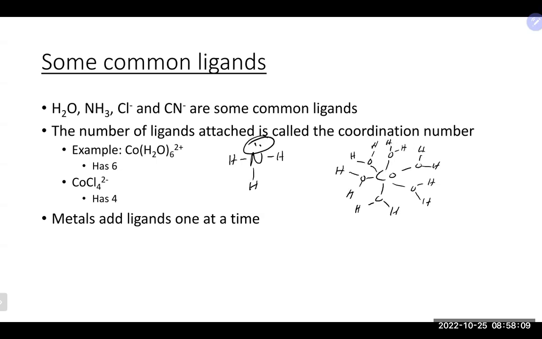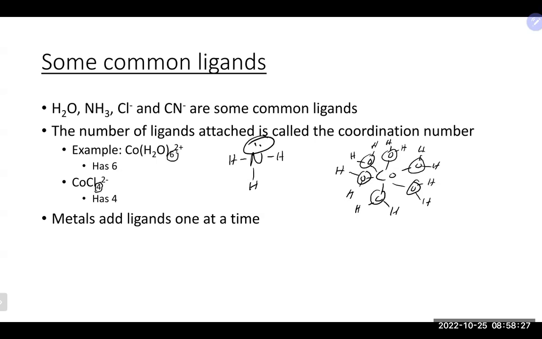So that basically is 1, 2, 3, 4, 5, and 6 for the coordination number. Same thing with the chloride. Obviously, the cobalt is attached to each of the chlorides. So you may think that the coordination number is always basically how many of these ligands you have.